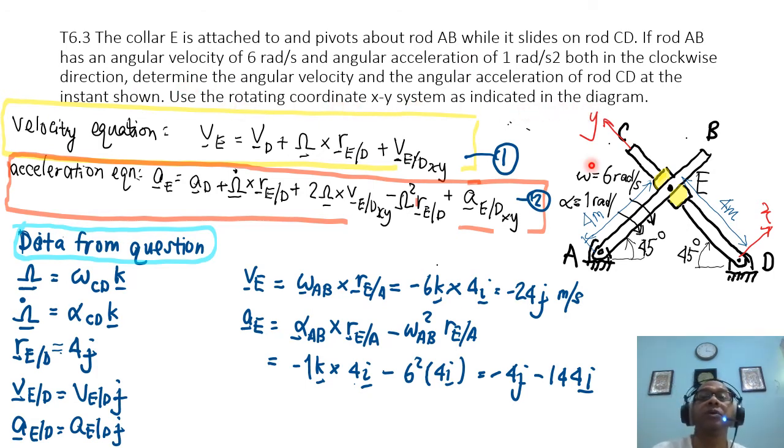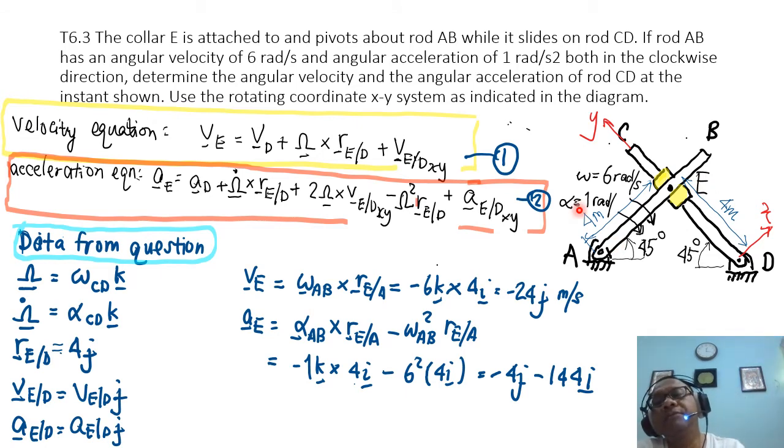Here we have two rods, AB and CD, and we have a slider. That slider is pinned to AB, so it cannot move relative to rod AB, but it is free to slide along CD. So slider E has a relative velocity to rod CD, whereas there is no relative velocity of E relative to AB.